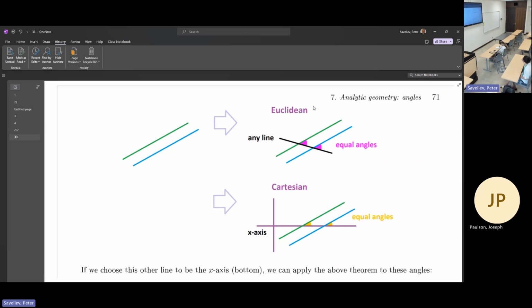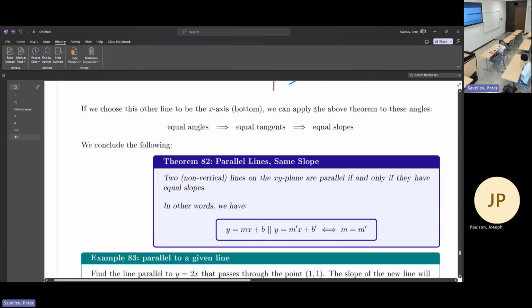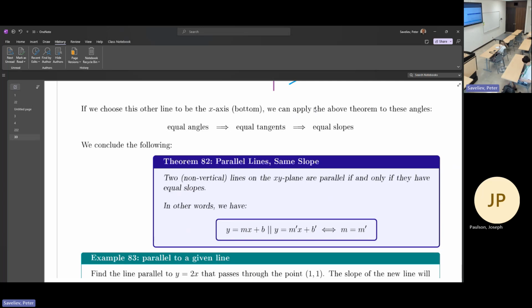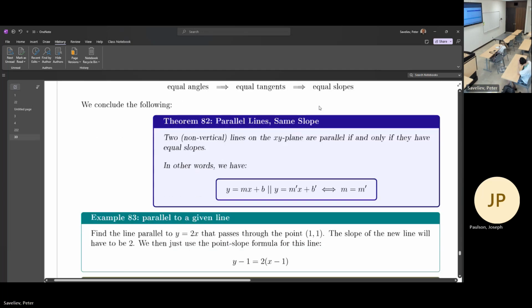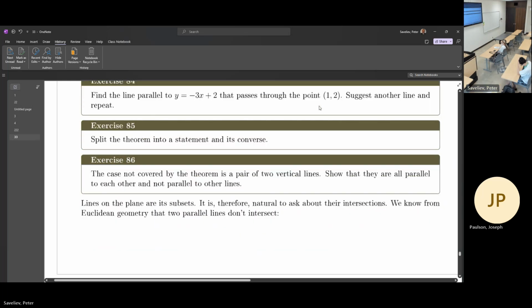Same slope, parallel lines, or parallel lines, same slope. You can carry this out from computations. Once again, mx plus b, that familiar slope-intercept formula, written separately for two linear functions, and for them to be parallel, the two slopes have to be equal to each other. So it solves the problem.